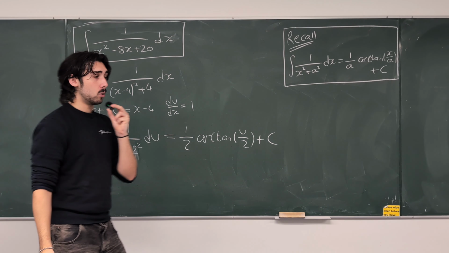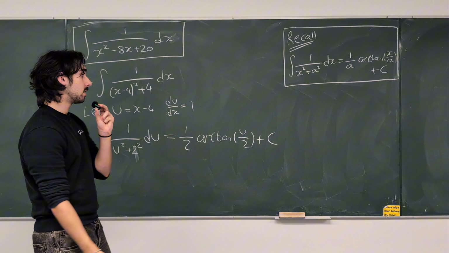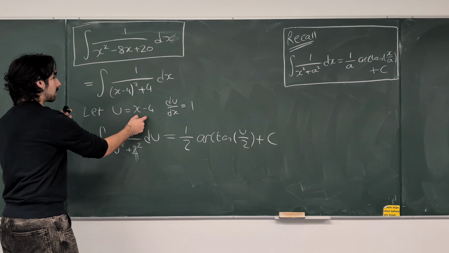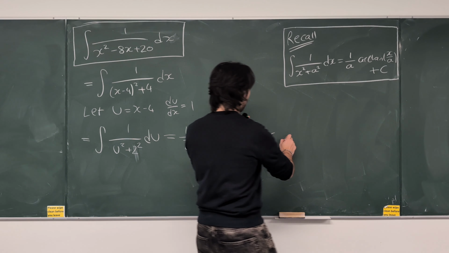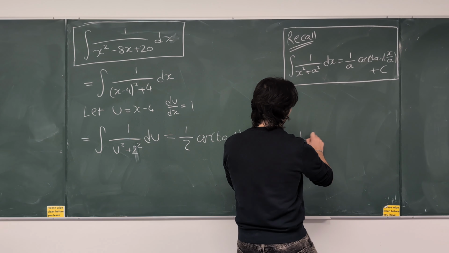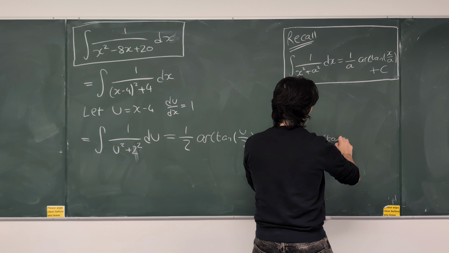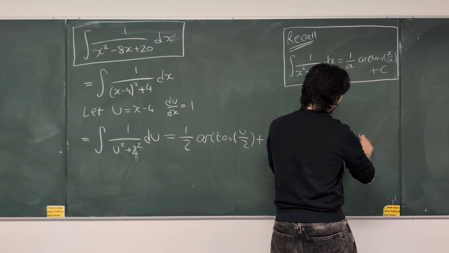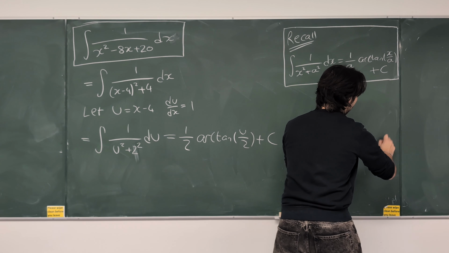The final step, of course, is to replace u with what it is in terms of x, which is x minus 4. So our final answer is 1/2 arctan of (x minus 4) all divided by 2, plus c.